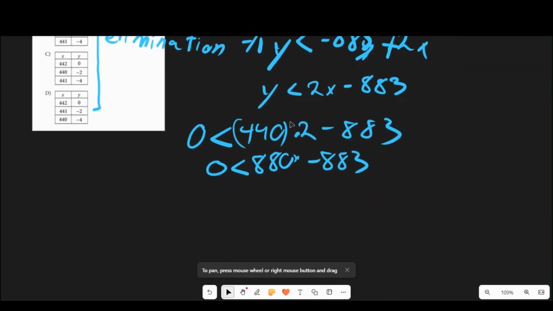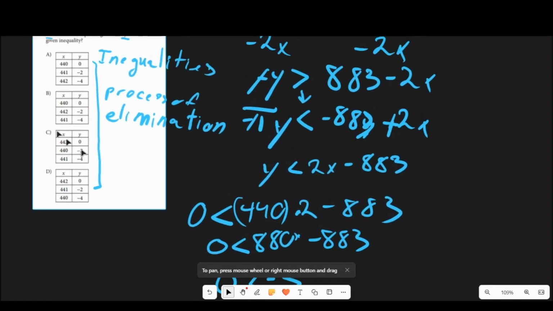And it doesn't seem like that is going to be true because we get 0 is less than negative 3. So A definitely does not work. So we can cancel out A, and any other one that has 440 and 0, so we can cancel out A and we can cancel out B.